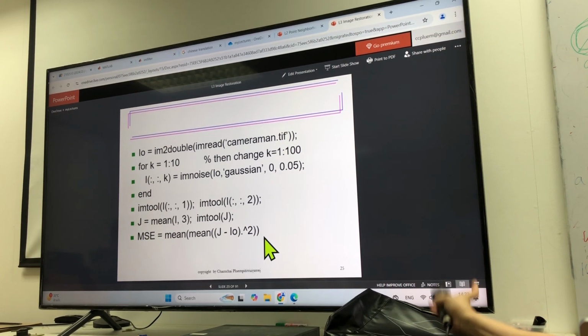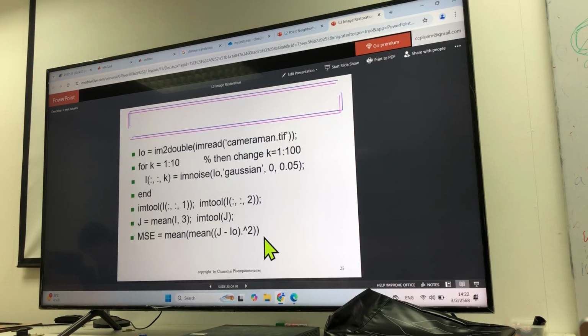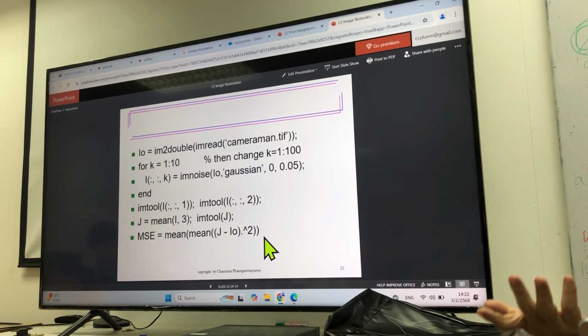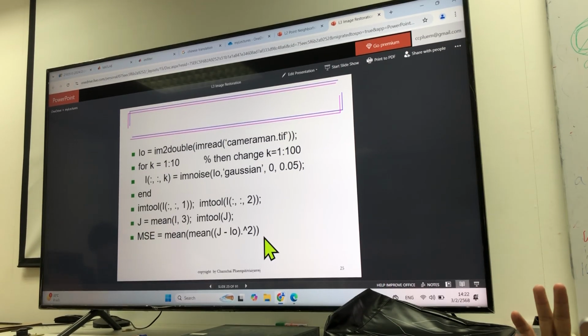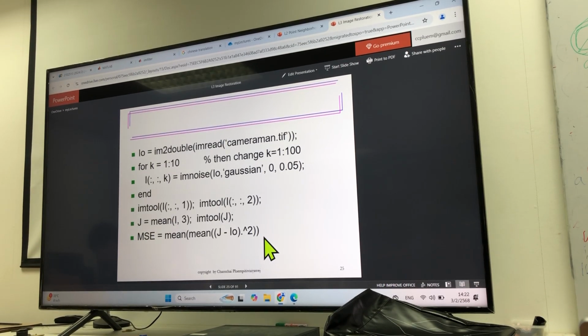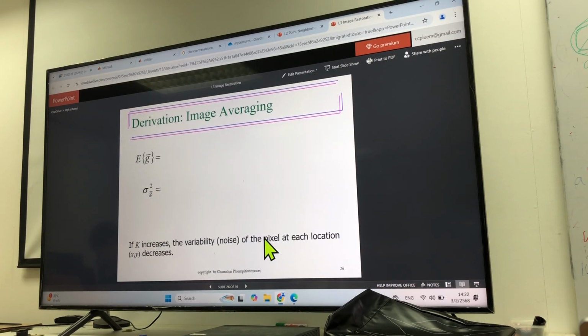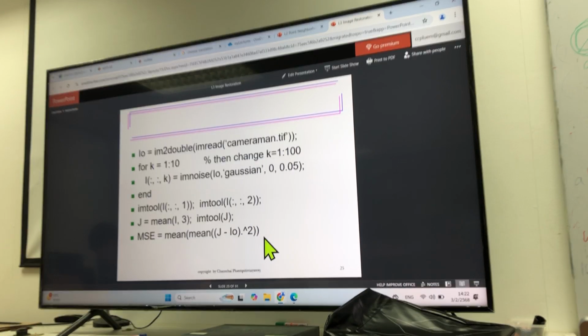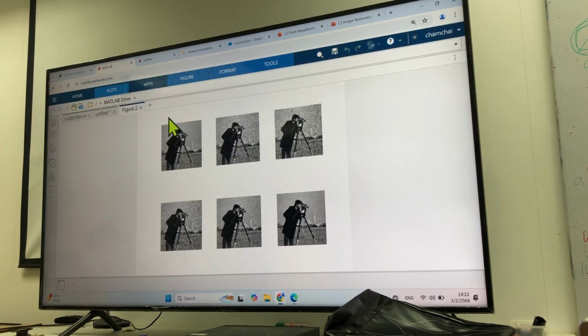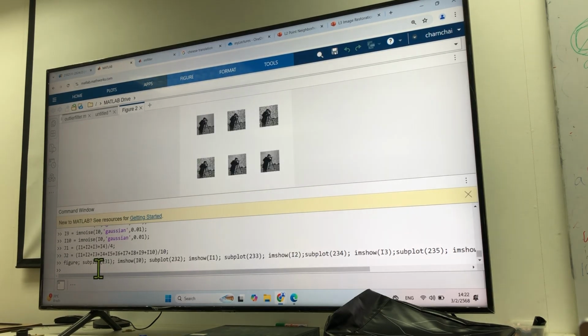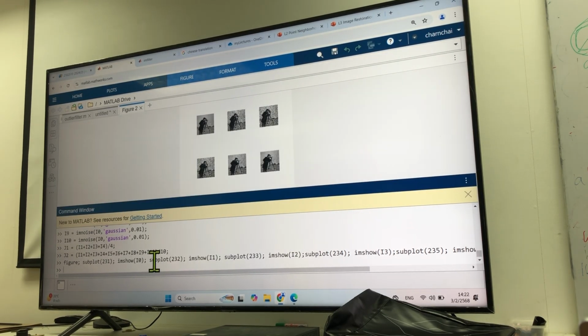You'll see that when you take the averaging more, more averaging images, the MSE gets smaller. Over here, we could use the MSE of J1.